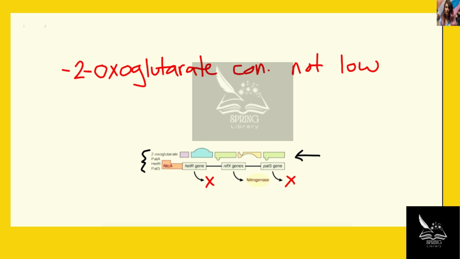And then we can see that on our fourth statement, nitrogenase, which is being expressed here, is transcribed when hetR concentrations are high. So this is happening when hetR is high, and when patS is low.